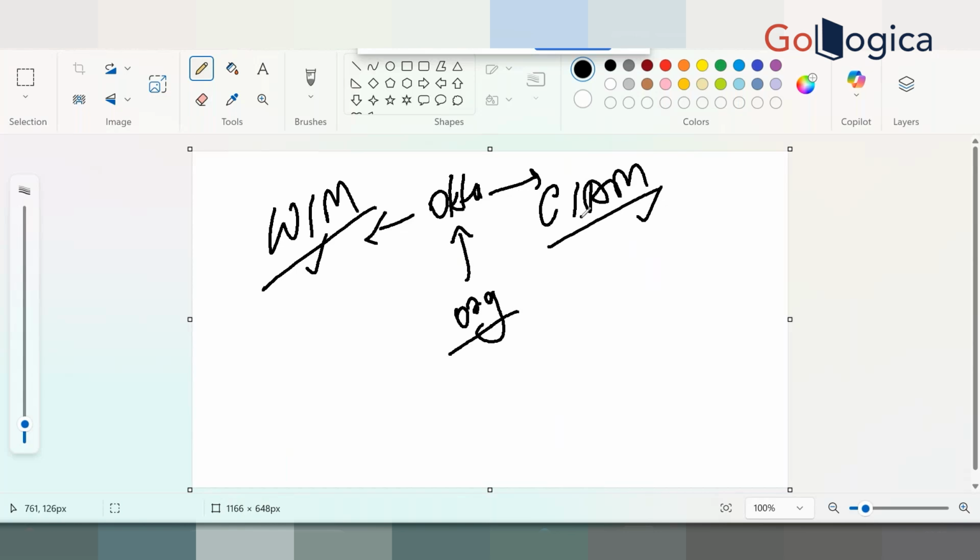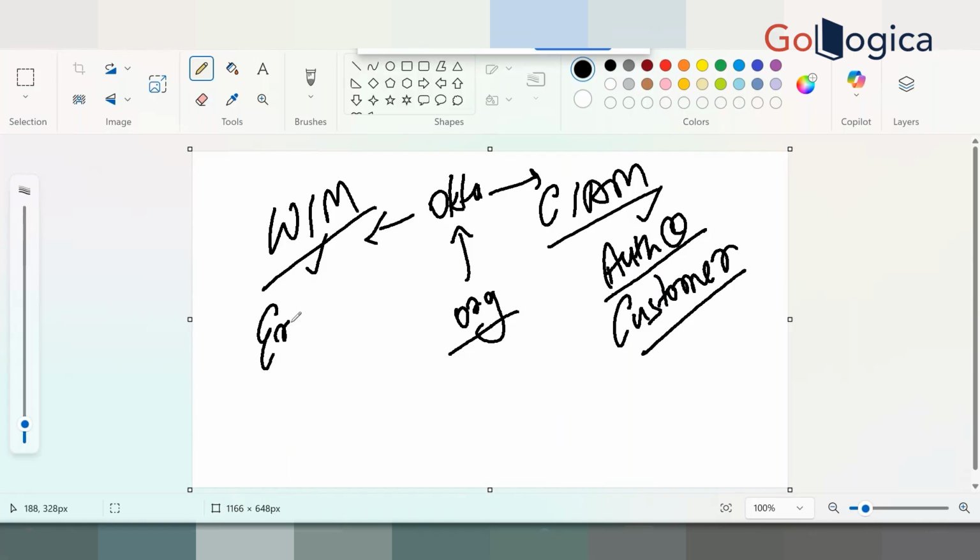CIM means customer identity access management, and it basically deals with Auth0. You have heard this term, Auth0. It is basically for the customer-facing area. Workforce identity basically deals with the enterprise area. Enterprises use workforce identity management.